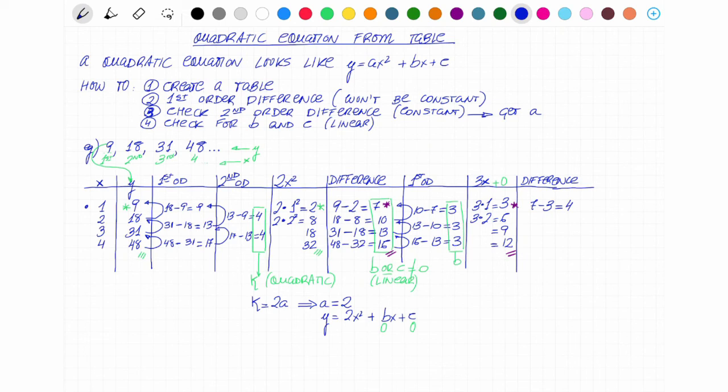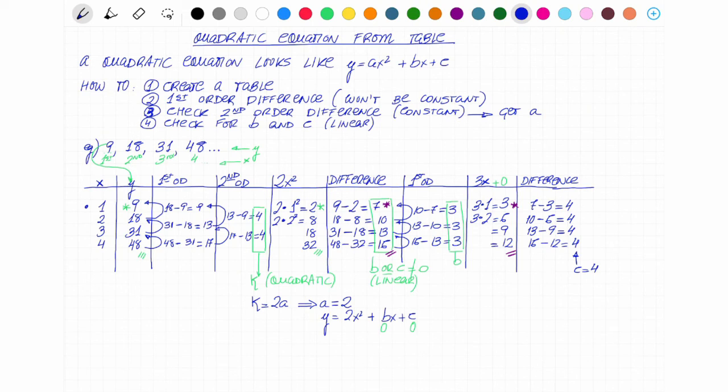And again, we only have to do one, but we're going to do them all so we see where it's coming from. 10 minus 6 gives me a 4 again, which is good, is a constant. 13 minus 9, and later on 16 minus 12. So this is the c value, that is a 4.